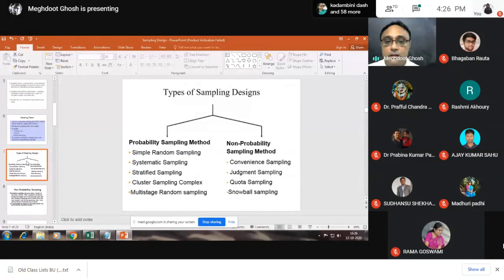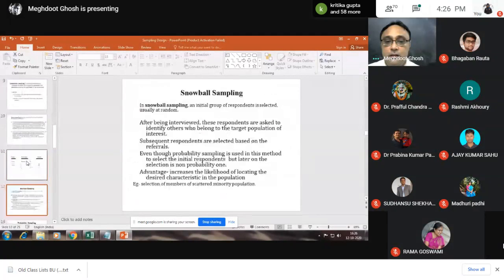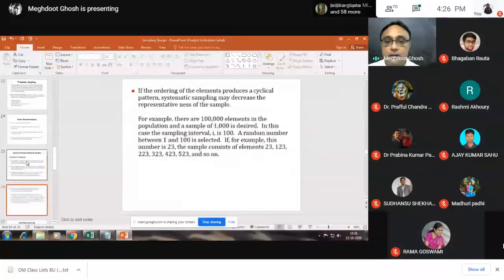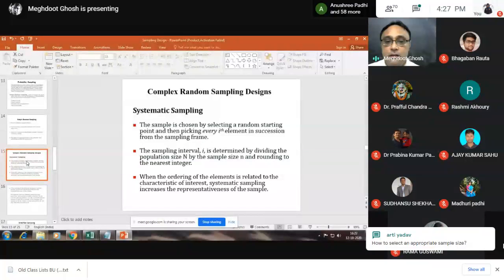So you first divide 100 by 10 and you get 10 as the number. This 10 is known as the A. So here every 10th element needs to be selected.